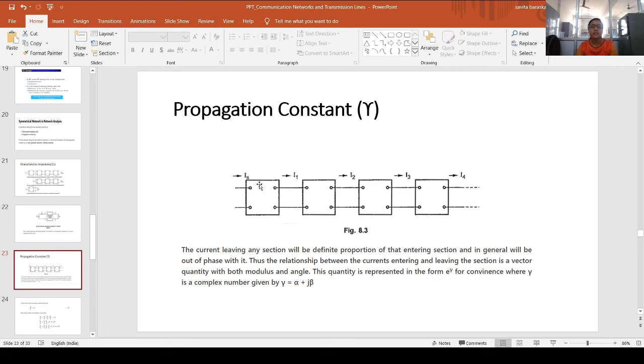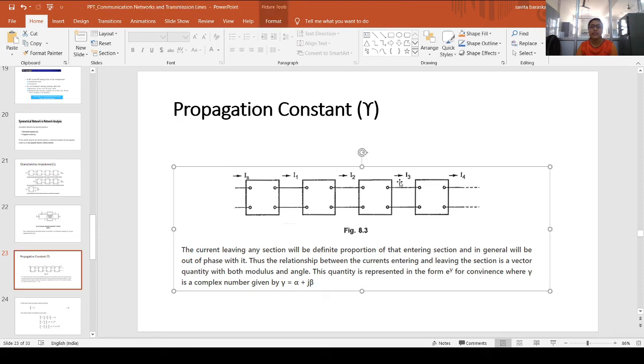For the first two-port network, it is represented by Is by I1. For the second, it is represented by I1 by I2, the third one by I2 by I3, and for the last it is represented by I3 by I4.